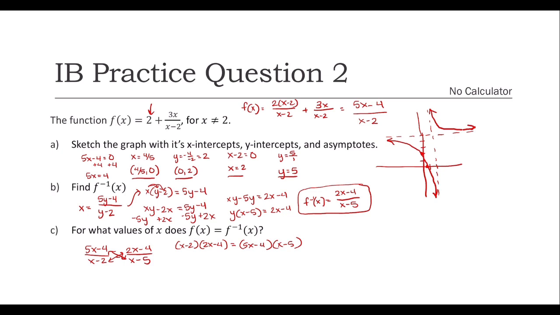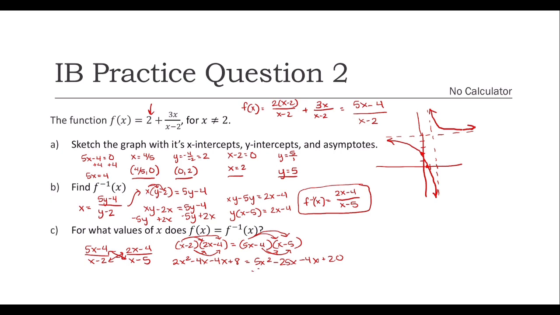So for the left side, we'll get 2x squared minus 4x minus 4x plus 8 equals, and then we'll get 5x squared minus 25x minus 4x plus 20. So we'll combine all of our like terms on the left side of our equation.